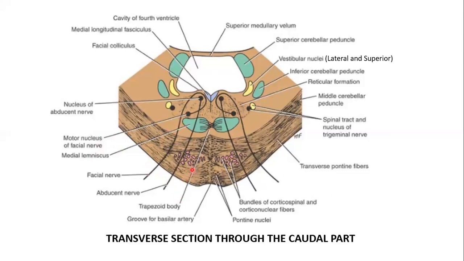This is the trapezoid body I told you already, and anterior to this trapezoid body is the basilar part. What lies over here? You see the corticopontine fibers. Corticopontine fibers come from all parts of the cerebral cortex: the frontal, the occipital, the parietal, and the temporal.